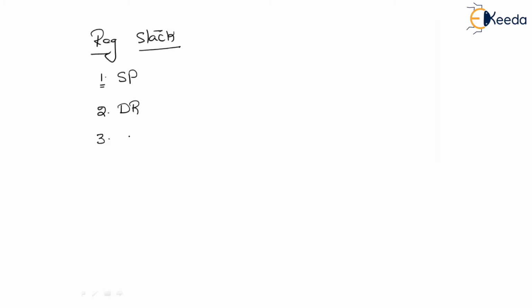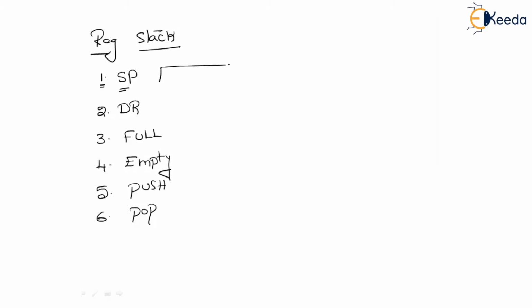Third one is a flag which is called full. Fourth one is a flag which is called empty. Fifth one is an operation that is going to be performed on a stack, that is push. And the sixth one is another operation which is called pop. Let us understand about these.